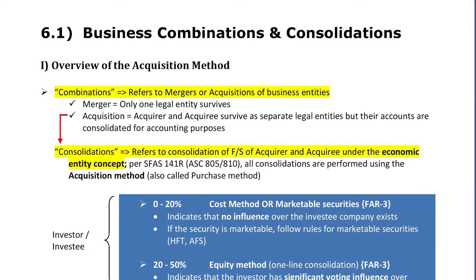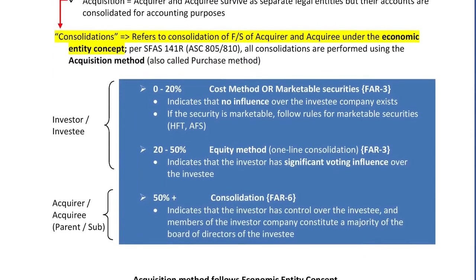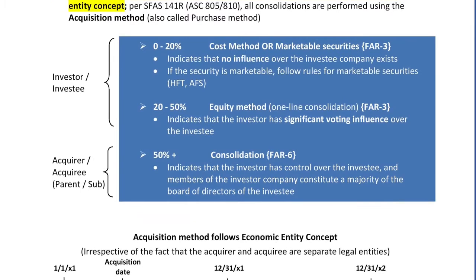We know that if the investor owns less than 20% stake in the investee, such that the investor has no influence over the investee, the investor would use the cost method or marketable securities method to account for the investment. If the investor has a 20 to 50% stake, such that the investor exercises significant influence, then the investor would use the equity method to account for the investment.